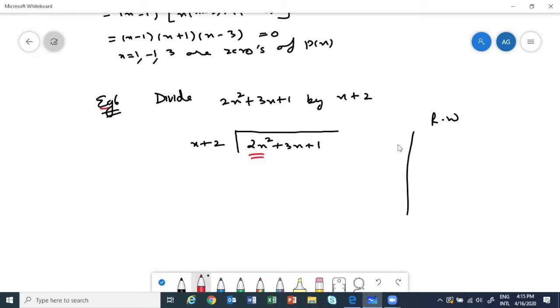So what should I take? 2x square divided by x, because in the quotient we have x. Okay, what will I get? 2x. So let's take 2x here. What happens? We get 2x square plus 4x. Right? Now you have to subtract it.